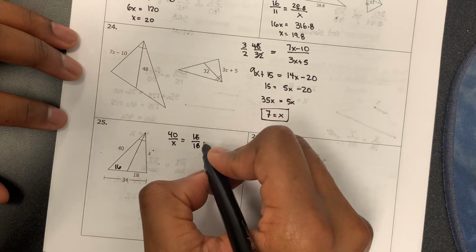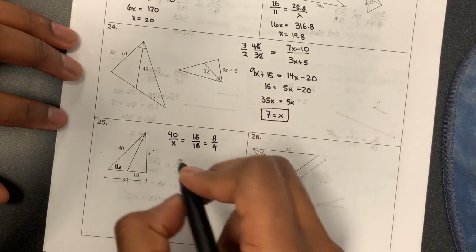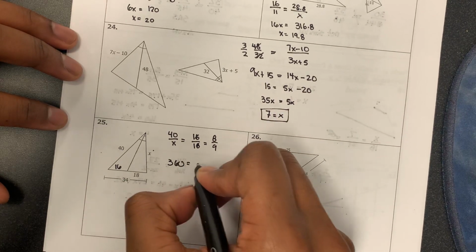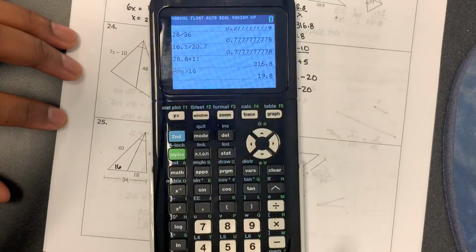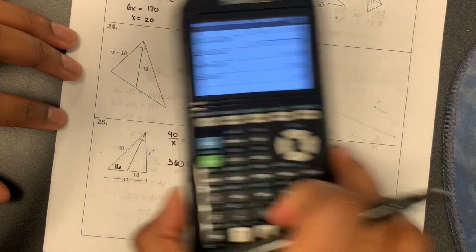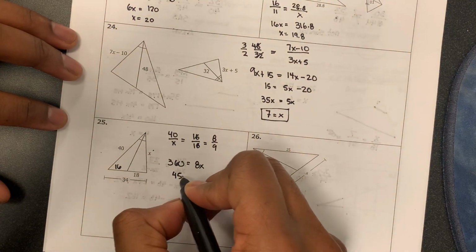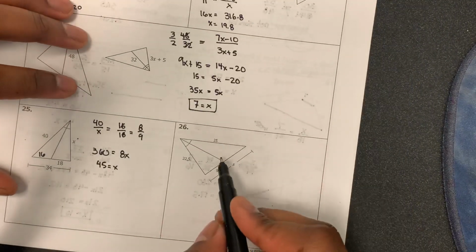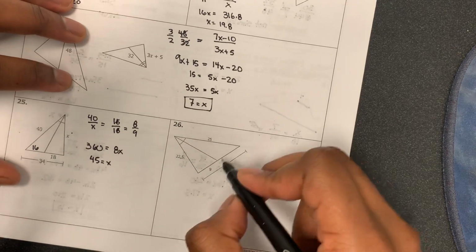This simplifies, 2 divides into both, so we'll say 8 over 9. So we're going to get 360 equals 8x. And divide both sides by 8, so 360 divided by 8 is 45. So 45 equals x.